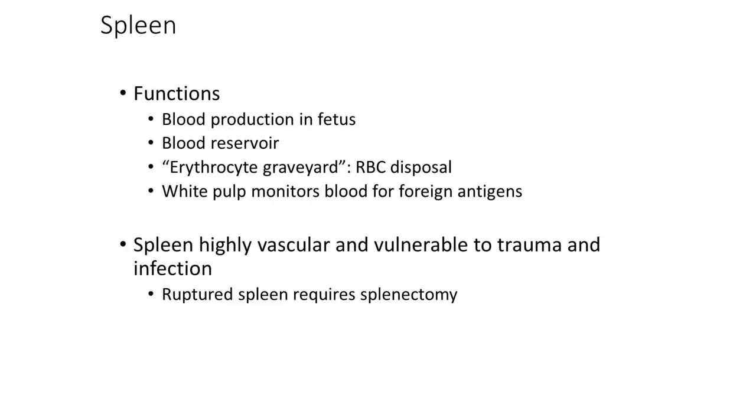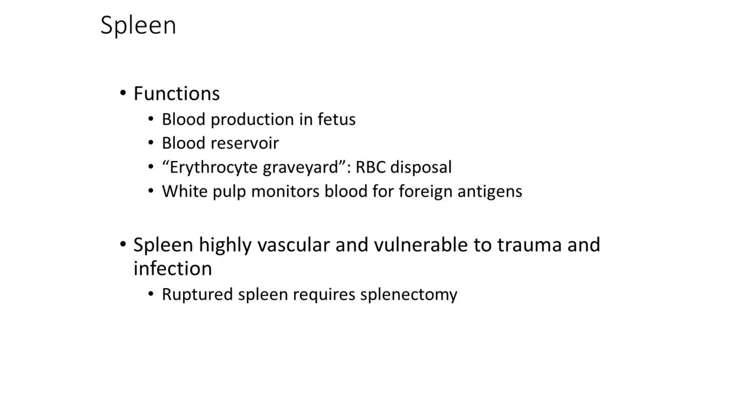Your spleen has a couple different functions. It is blood production for a fetus, and it is a blood reservoir. It is also where the erythrocytes go to die and be disposed of.